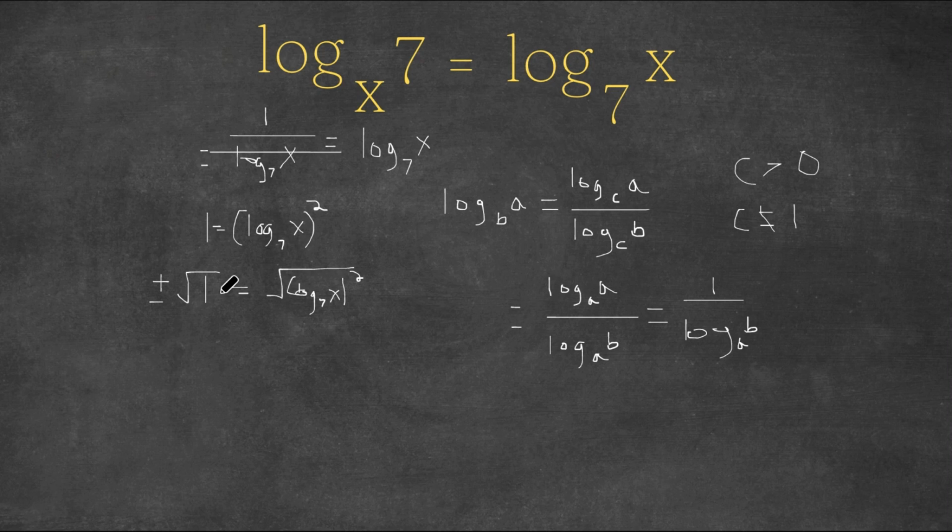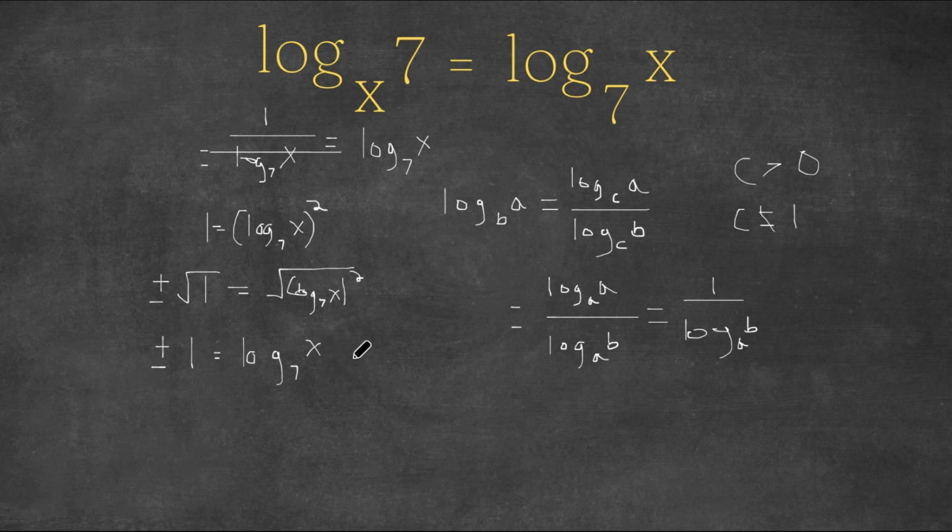Now, the square root of 1 is simply 1. So we have plus or minus 1 equals, well, the square root of log base 7 of x squared is simply just log base 7 of x. So we have log base 7 of x.